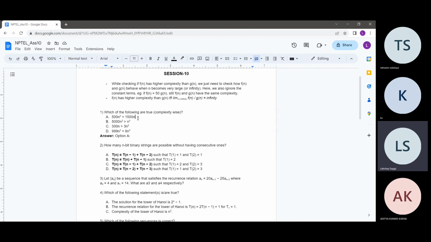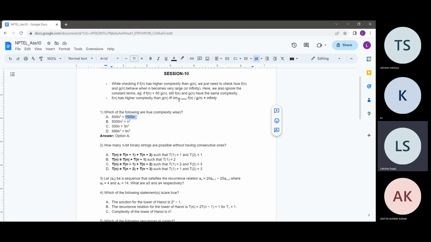And you can just see this using the limit definition also. I'll not write it down, but you can easily see that if f(n) is 500n square and this is g(n), then the limit of 500n square upon 1500n would come out to n by 3.